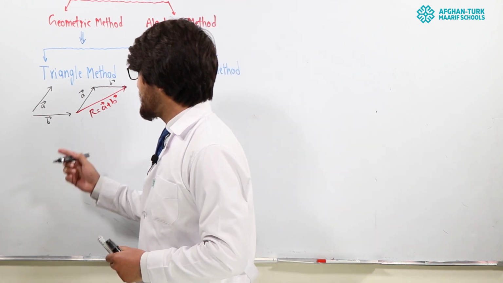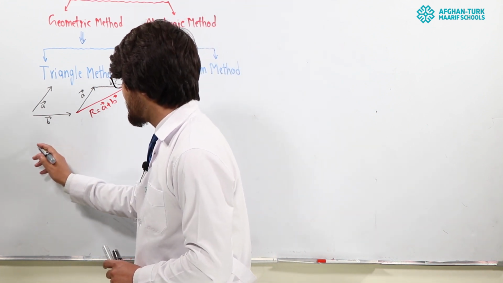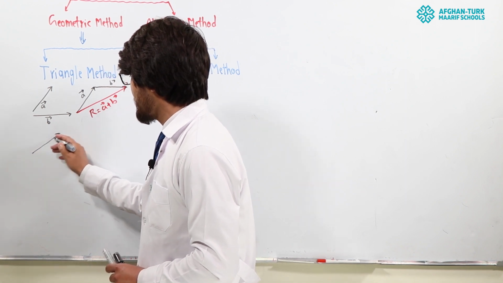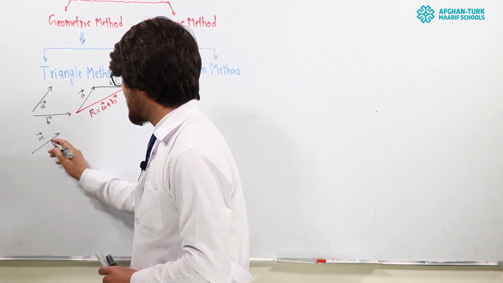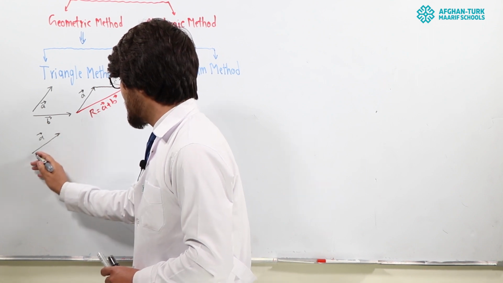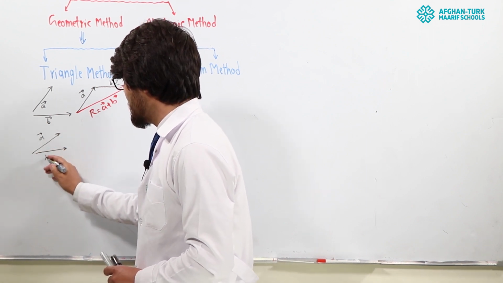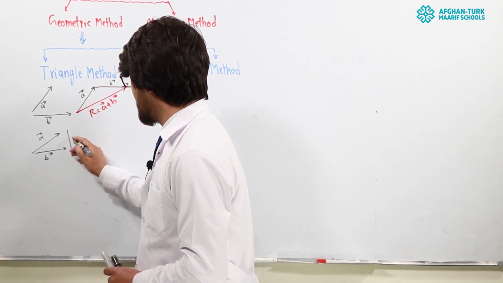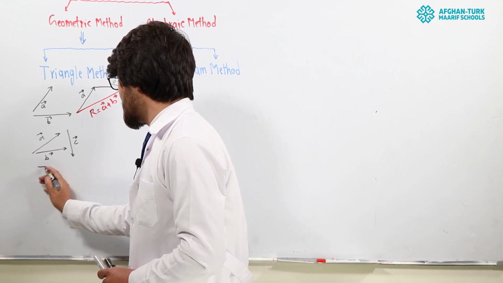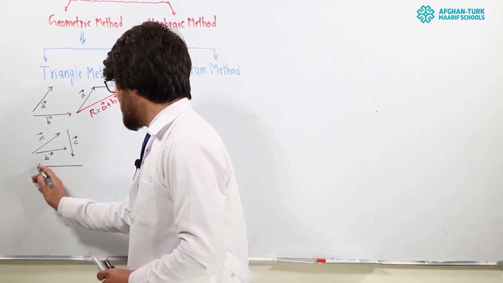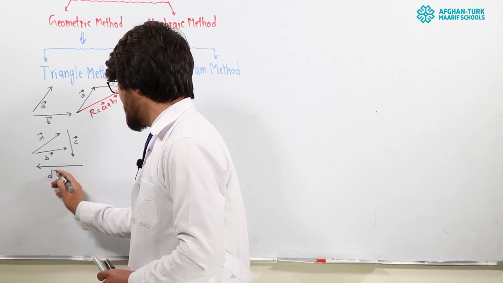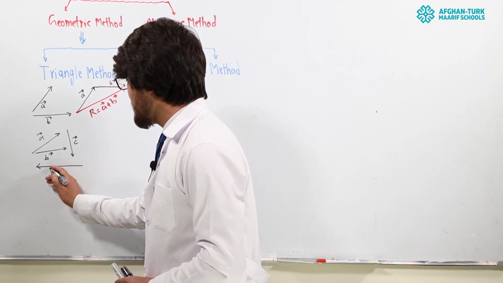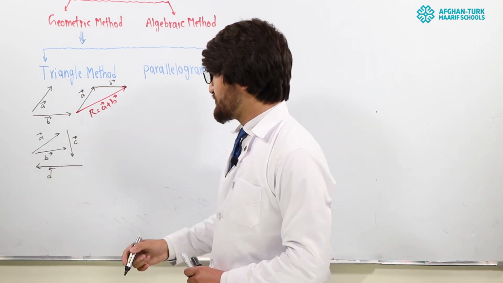Let's do another example. Here we have vector A and also here we have vector B, vector C and vector D. We want to draw the resultant of 4 vectors.